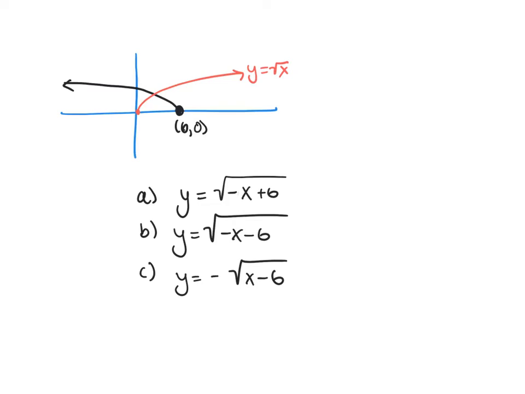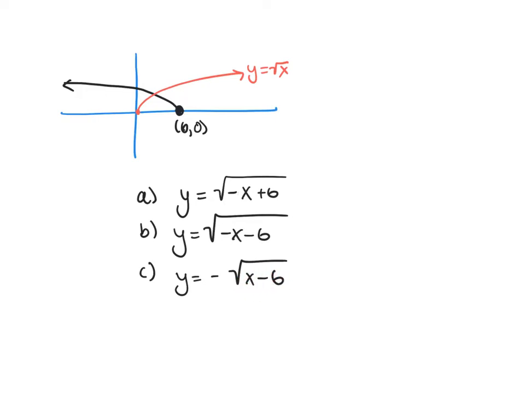So let's start with A. So A has some sort of reflection, and it has some sort of shift. Right now that looks like it might be a shift to the right, but I'm not really sure. B has a reflection and also a shift. I don't really know if it's right or left. This one actually maybe looks like it was left. And this one also has a reflection and definitely a shift right. I can tell here that this one has a shift right.